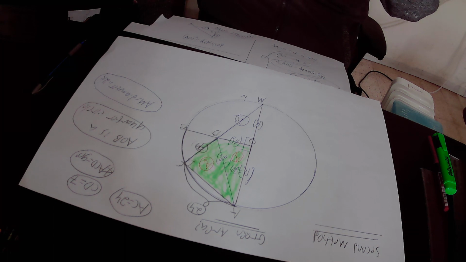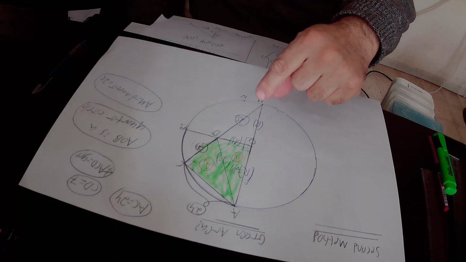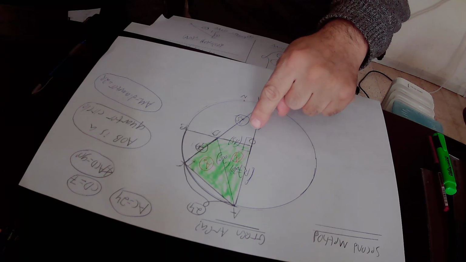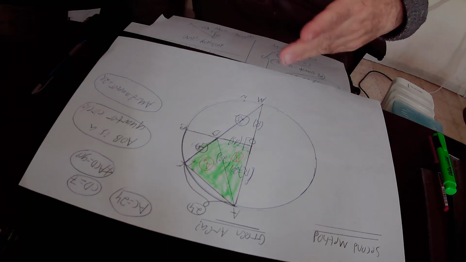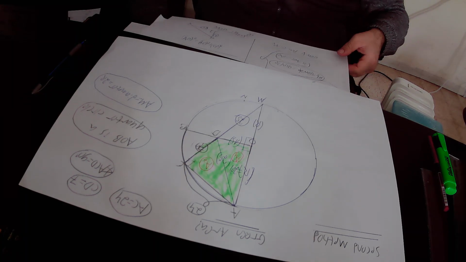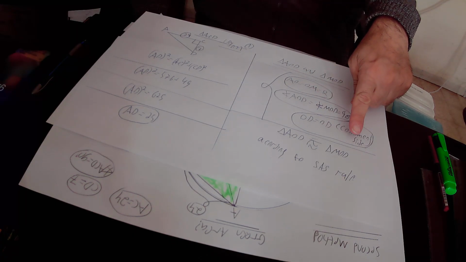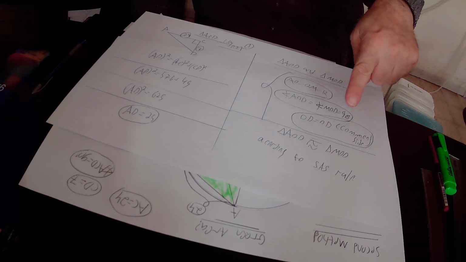I'll explain what I mean. Those two sides and the angle between them in the green triangle can correspondingly go into those two sides and the angle between them in the white triangle. Therefore, those two triangles can go into each other according to the side angle side rule. Again, the green triangle AOD can go into the white triangle MOD according to the side angle side rule.